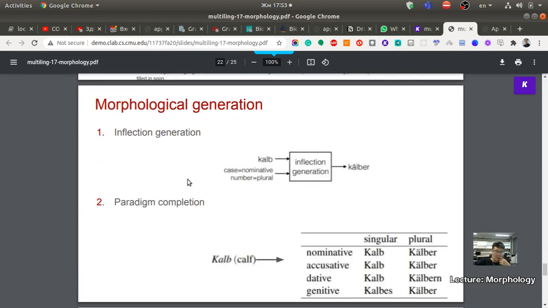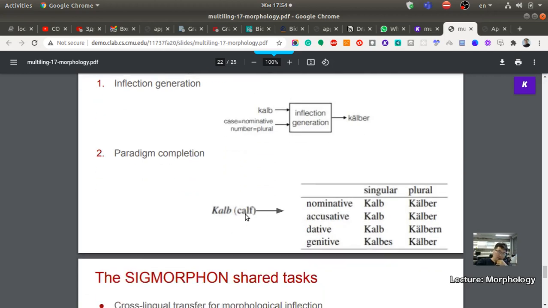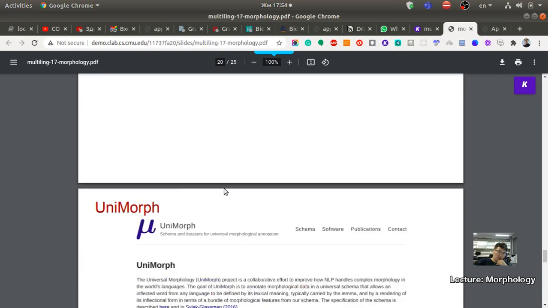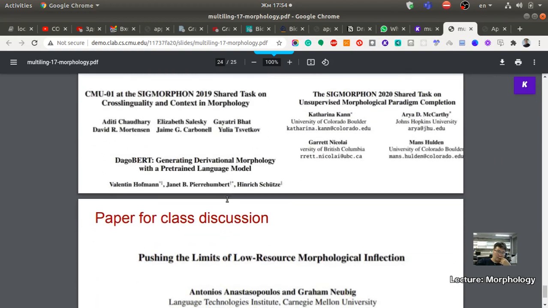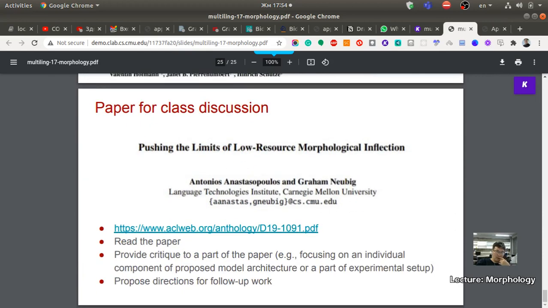Morphological generation is the same thing. If you give a word, it finds the word in this logic, finds the inflection, and then generates the form. It can also be done with an RNN. Okay, that's all.